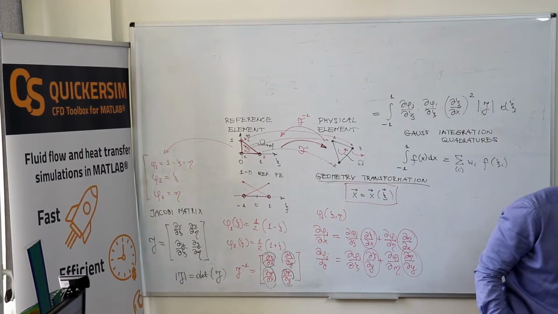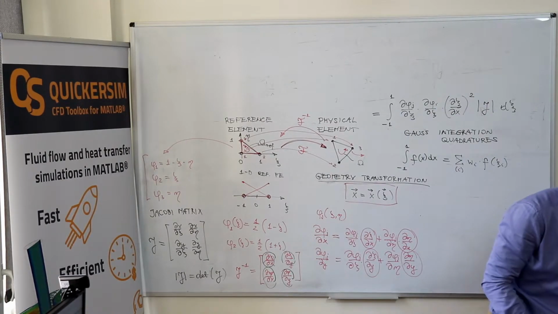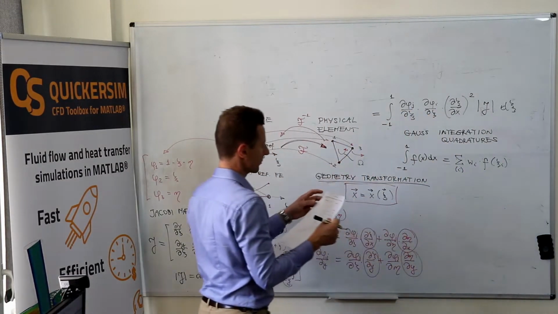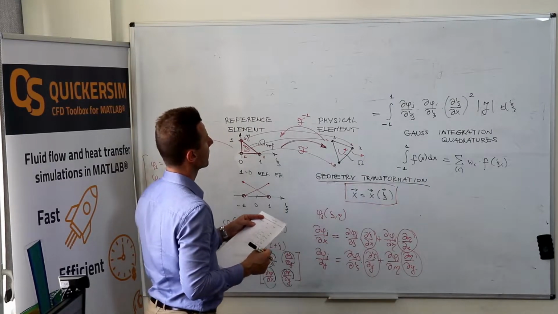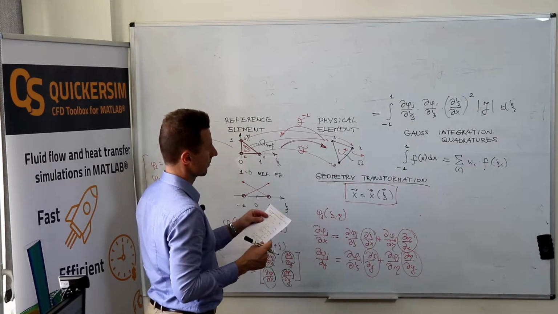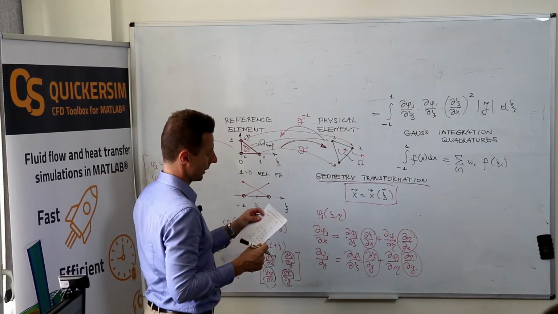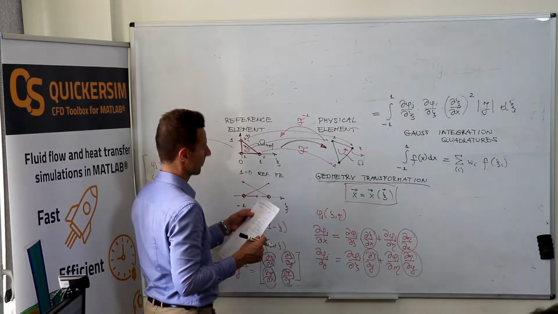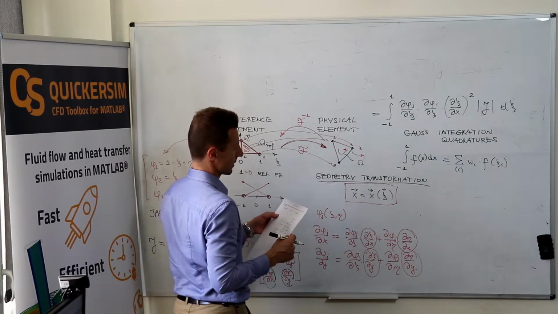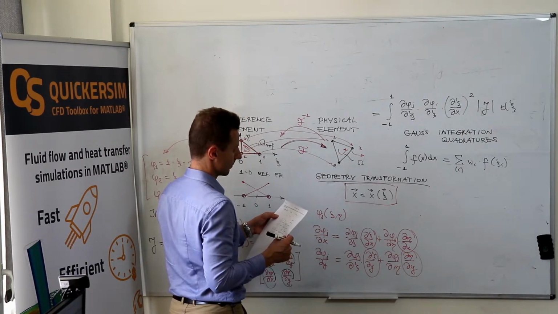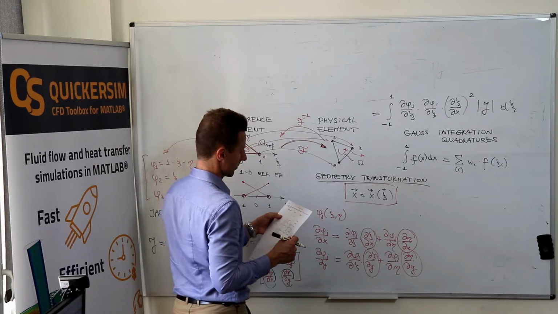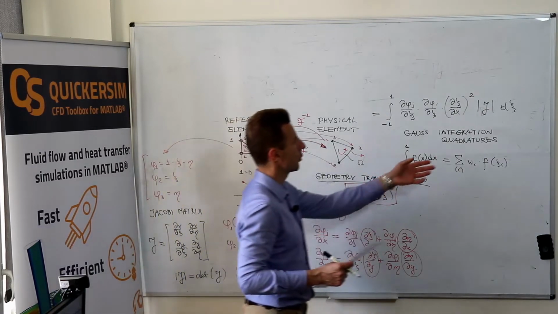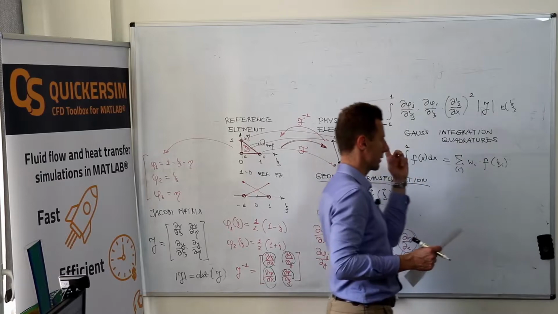So now, as a rule of thumb, let's assume there are multiple Gauss quadratures that are defined.